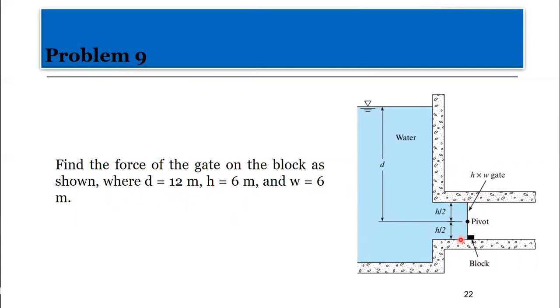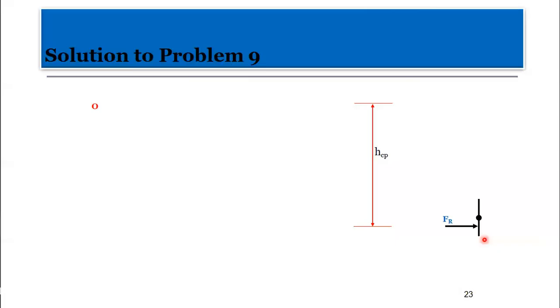Height, this is the H, and then W is the width into the screen. So if you want the area, you just multiply that by that. So here we look at how the forces will be displayed, the free body diagram. I'll explain these things; they will show up later.